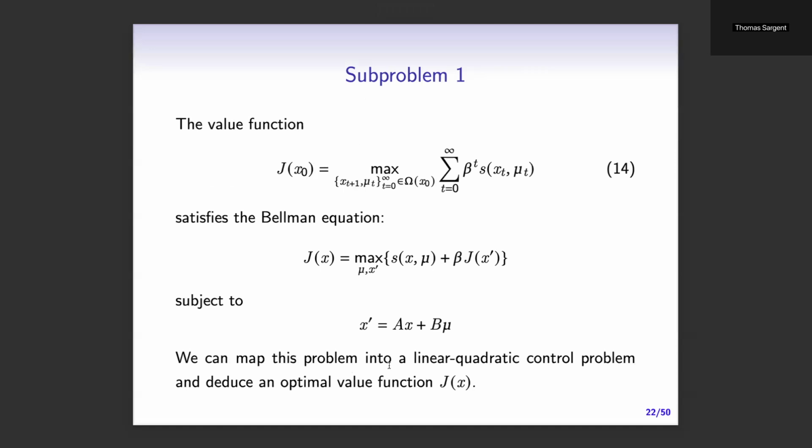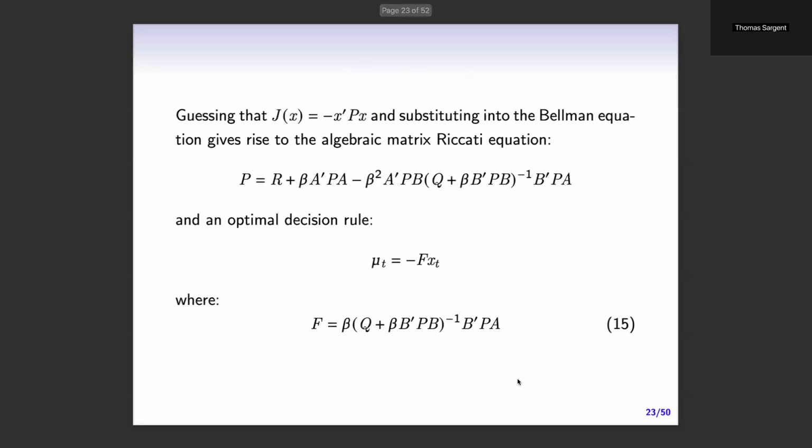But this just looks like a linear quadratic control problem, and we can deduce what the optimum value function is. It solves the Riccati equation. So we can guess that j of x is a quadratic form in P. If we substitute this into the Bellman equation, we'll get a matrix Riccati equation for P, and we'll get an associated optimal decision rule: mu t equals minus f xt, a function of the state.